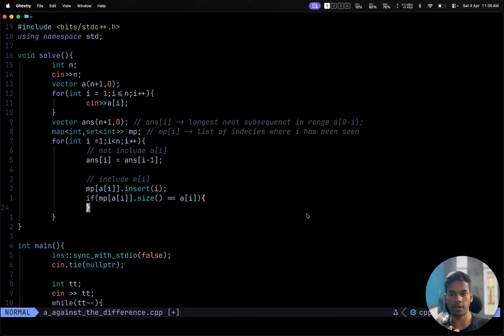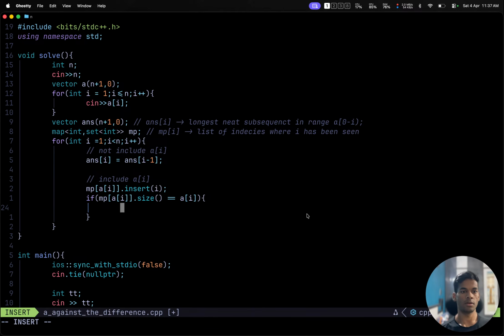If the size is exactly equal to this, then get the smallest index: auto it equals mp a i dot begin.